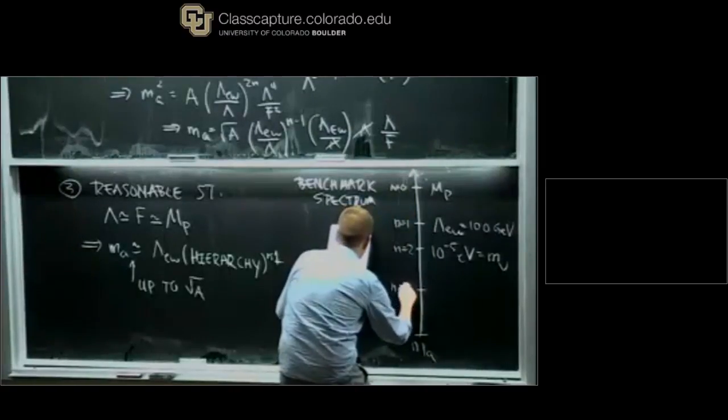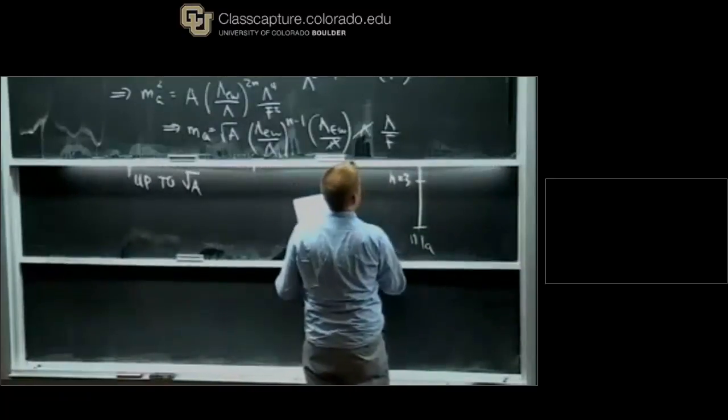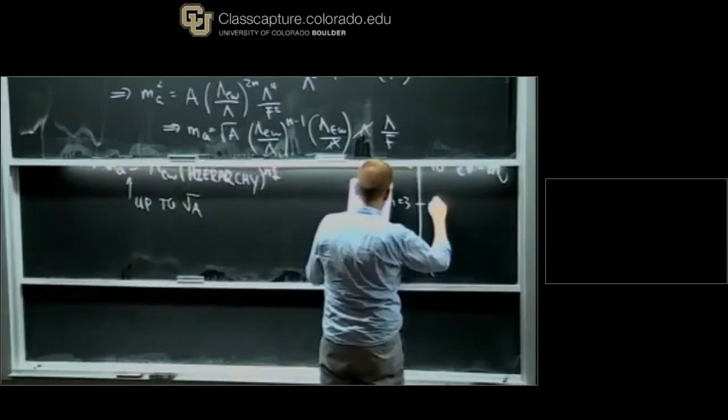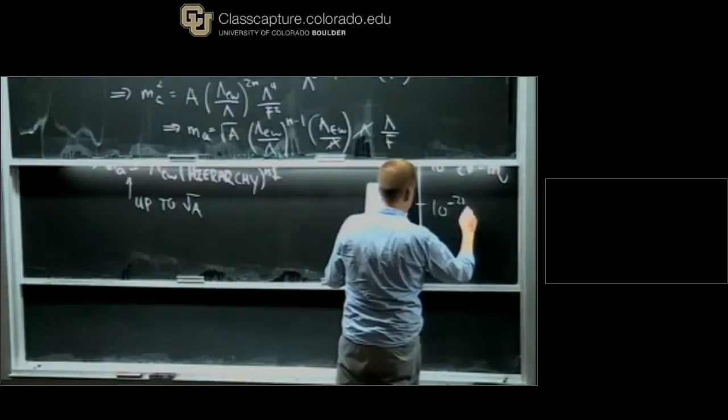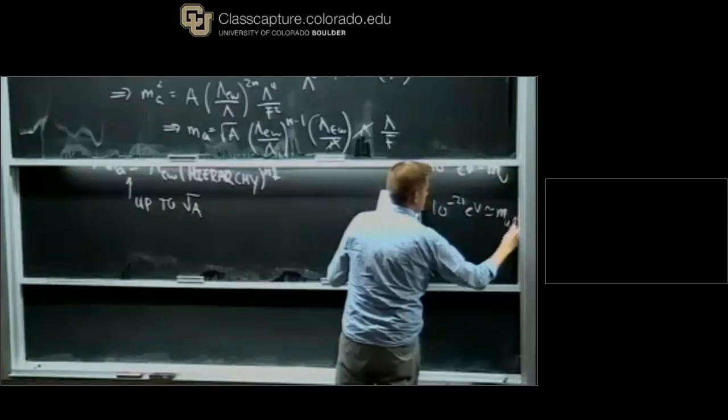And n equals 3 is 10 to the minus 21 eV, which is a scale that is these days called the ultralight scale.